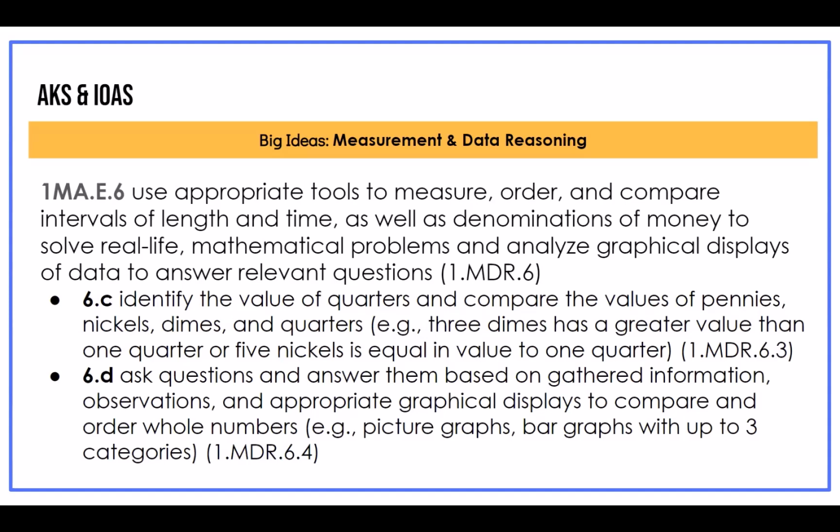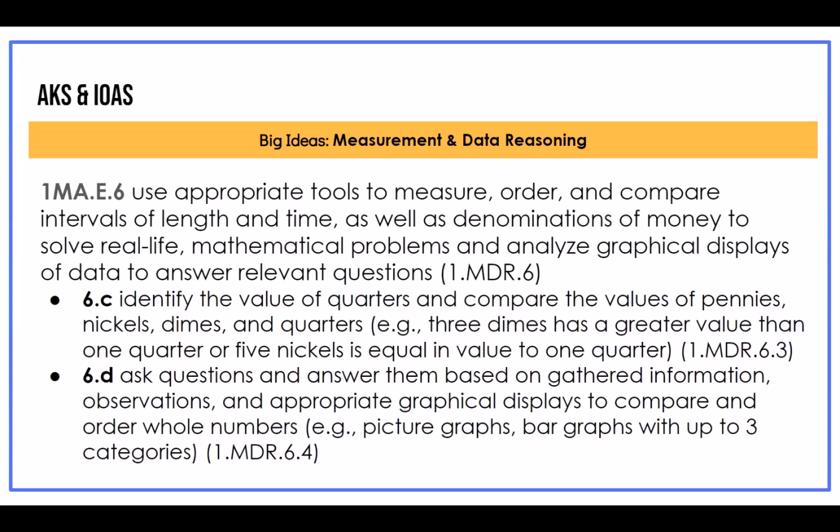IOA 6C involves identifying the value of a quarter and comparing the values of like sets of pennies, nickels, dimes, and quarters. Students learned the attributes and values of pennies, nickels, and dimes in kindergarten. Now, in first grade, we will introduce the attributes and value of a quarter.